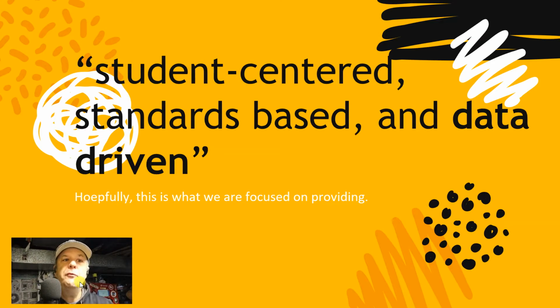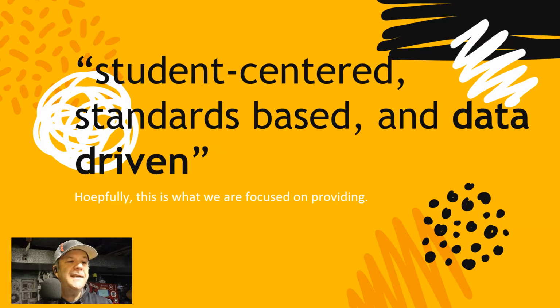We'll talk about the rigor that we need to have when it comes to differentiated instruction. But we have to be focused in on the standards, because if we're not, then we're cheating all of the kids out of that. We have to be focused in on the success in our classroom based on what the standards are asking us to accomplish. And then lastly, and most importantly for today, it has to be data-driven. And we're going to look at data in just a second.